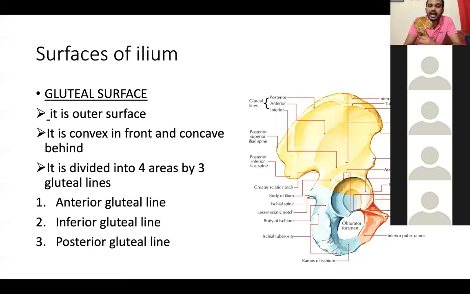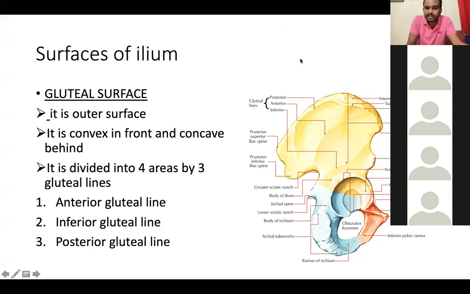So this lateral surface is also called the gluteal surface, and it is divided into 4 areas by 3 lines. The 3 lines are the inferior gluteal line, anterior gluteal line, and posterior gluteal line.